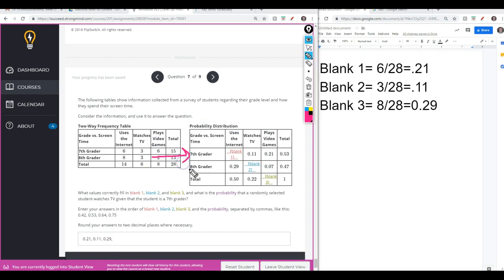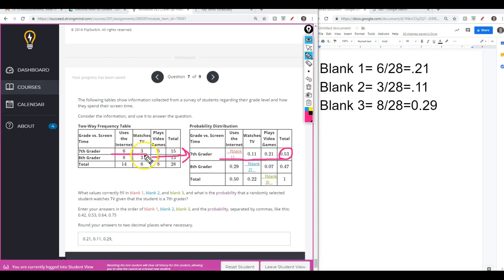Okay, so we got to meet both of those requirements given that it was a 7th grader. So we're going right to that row right here, and it is going to be out of this total right here, because we're reducing the sample size to 7th graders now. When you do this, you can either use the probability distribution or the number of people.